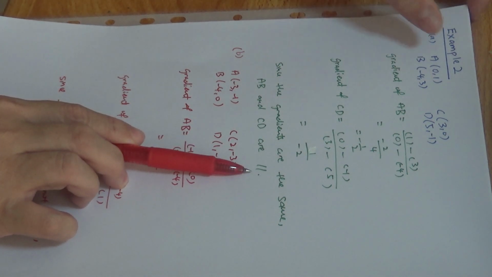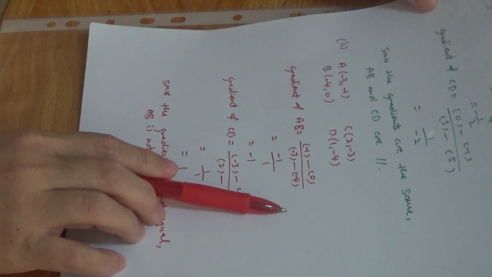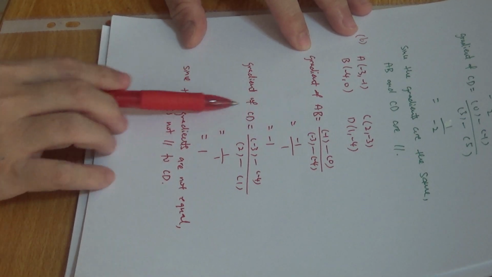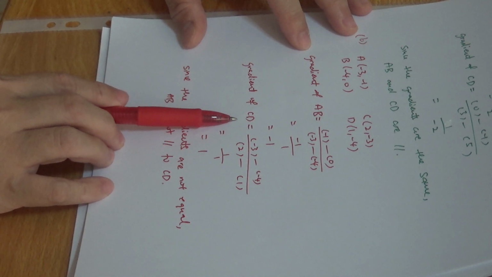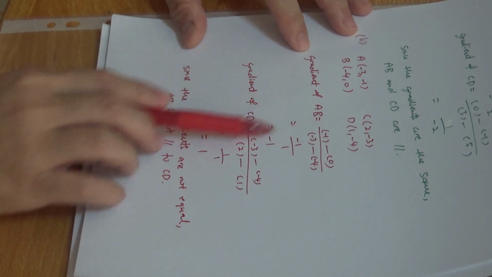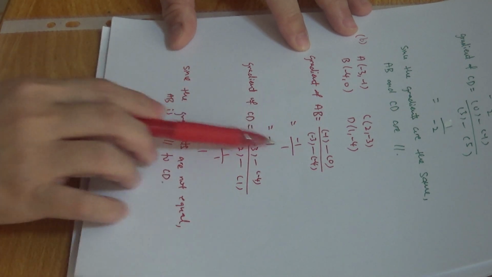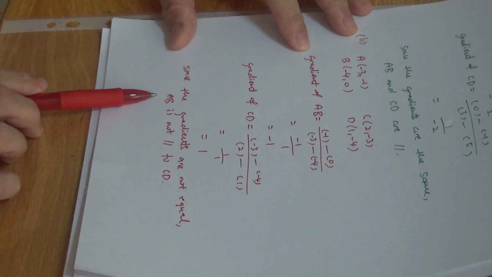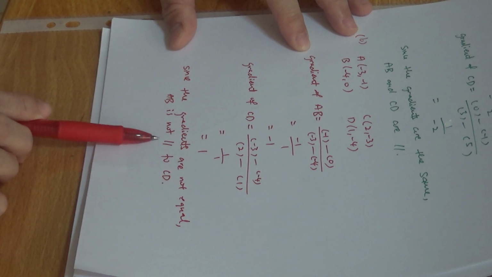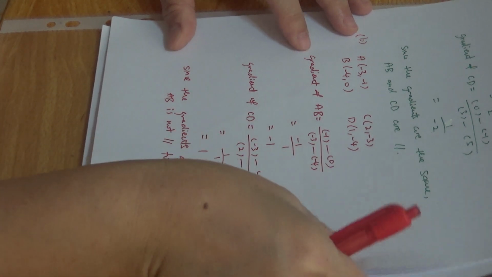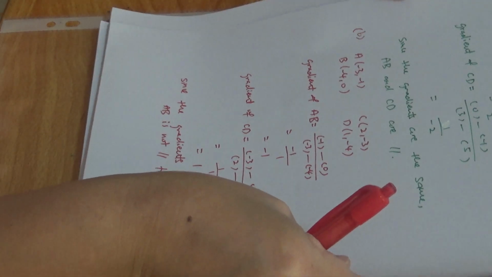That will be your part A. Now for part B, when you apply the gradient formula for AB and for CD, you will realize that AB is negative 1 and CD is 1. These two gradients are not equal, so therefore AB is not parallel to CD. Please bear this in mind. Alright, so that will complete our example 2.